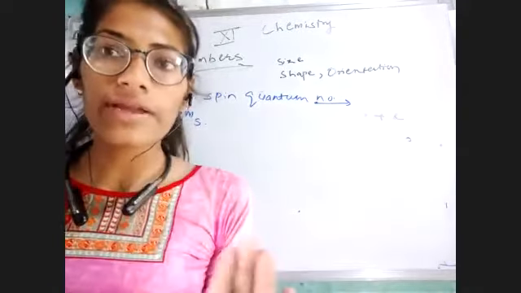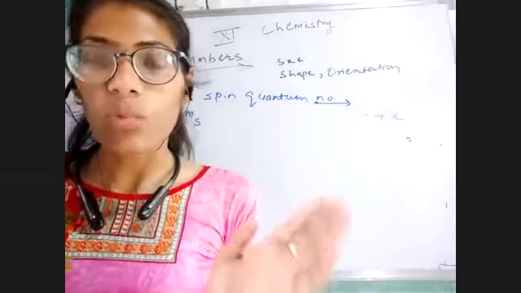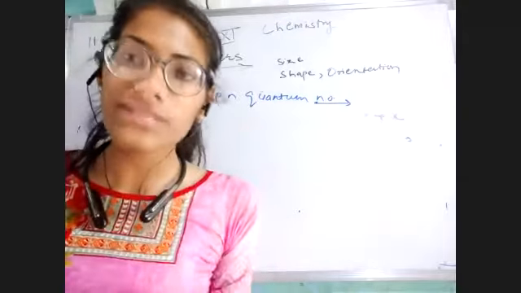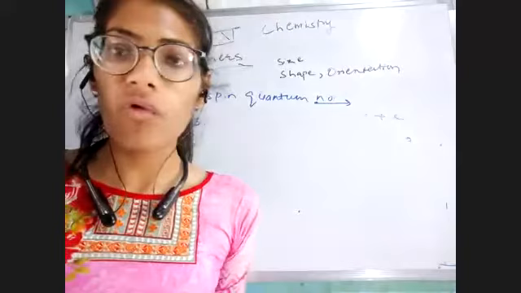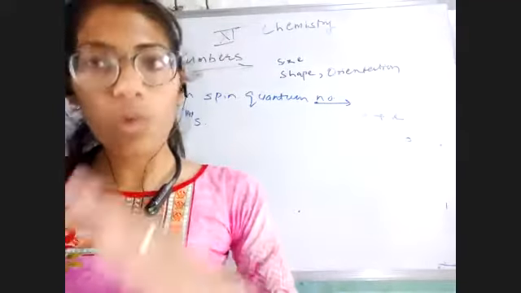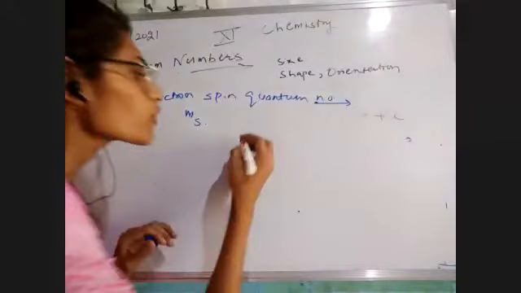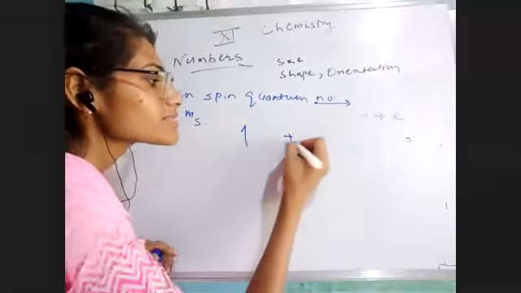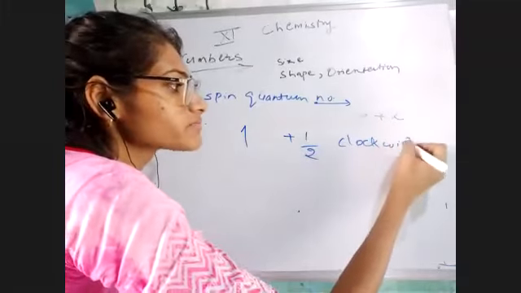See, you know very well, if I'm talking about a circular path, we have only 2 directions: one is clockwise and the second is anti-clockwise. In the very same way, electrons are also represented in the form of spin, either clockwise or anti-clockwise. So if I represent this, it is plus 1/2, clockwise direction.